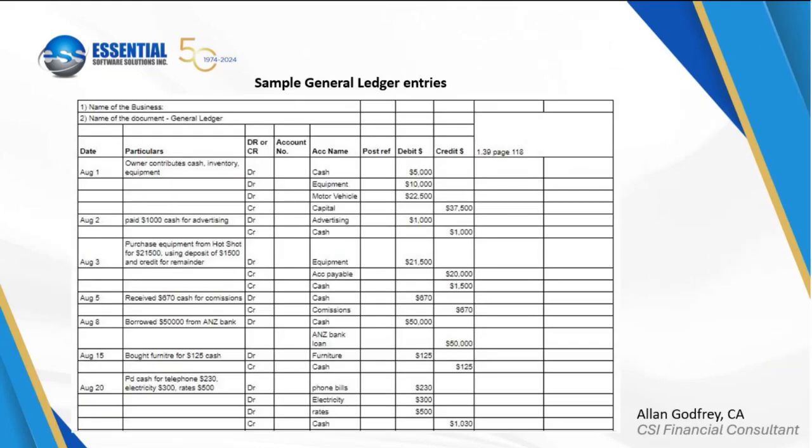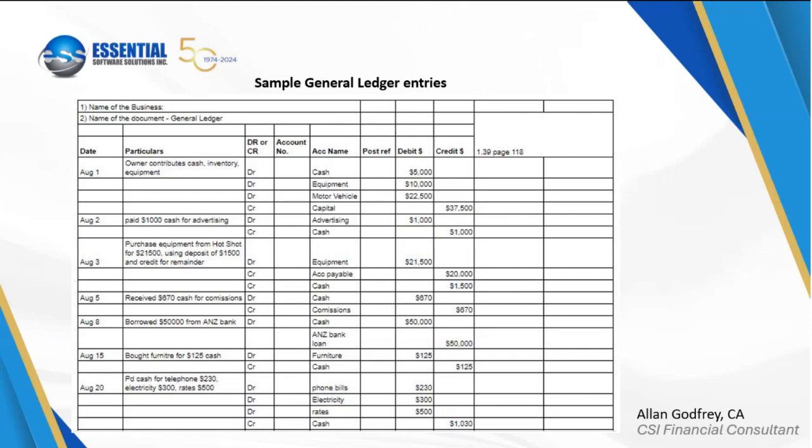So this is an example of just some transactions. We've got our debits and our credits. August 1, owner contributes cash, equipment, and a motor vehicle. So we see we're doing a debit, cash for $5,000, equipment of $10,000, and a motor vehicle for $22,500. Those first three are all assets.